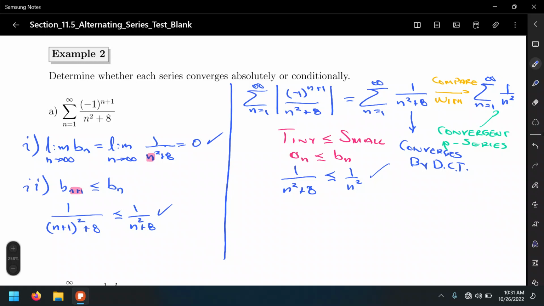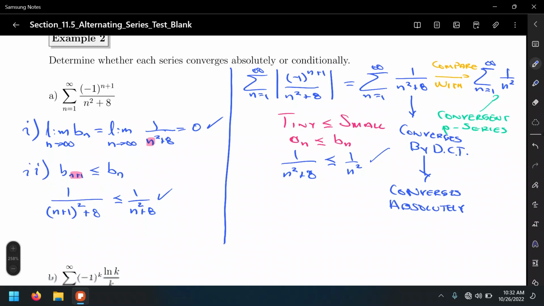And this is the series that we obtained by taking the absolute value of the series, because this whole new problem became a convergent series. Well, the original series, the alternating series, converges absolutely.